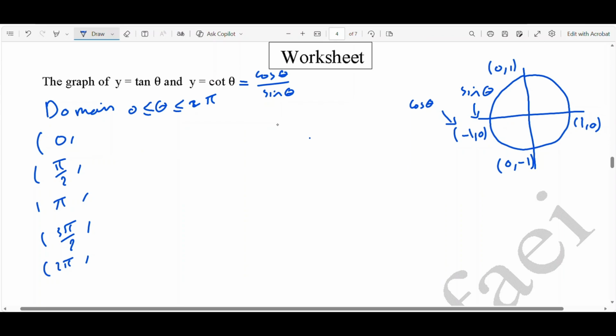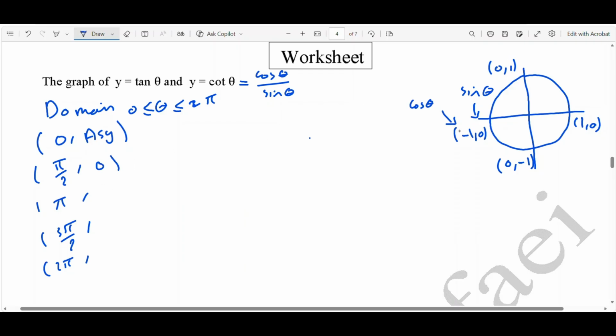According to the unit circle, at theta equals 0, I'm going to divide 0 over 1, or 1 over 0. It's cosine over sine, so I have to divide 1 over 0. 1 over 0 gives me a math error. And I said before, math error means asymptote line. Pi over 2, 0 over 1.